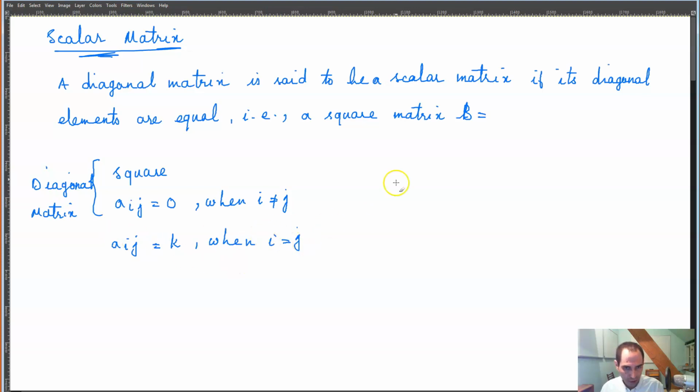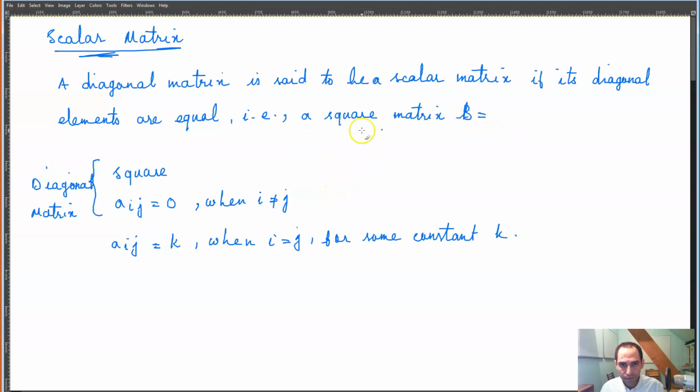Across the diagonal, all of those elements are supposed to be equal to one constant k, for some constant k, right?